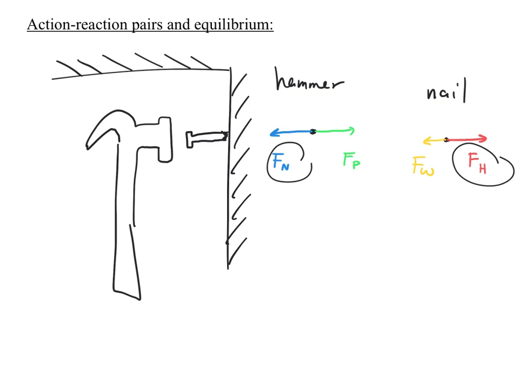The wall itself pushing back would not be considered an action. It's a great question. Because Newton's third law says all forces come in pairs. I guess technically if we drew a free body diagram of the wall, the nail acting on the wall and the wall acting back on the nail, but that wouldn't be balanced either.